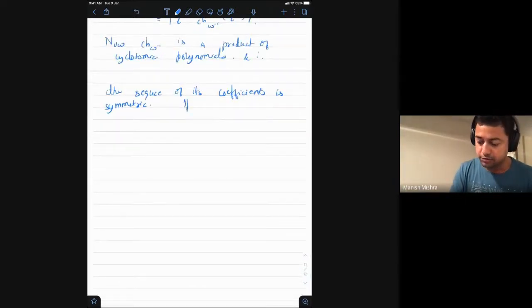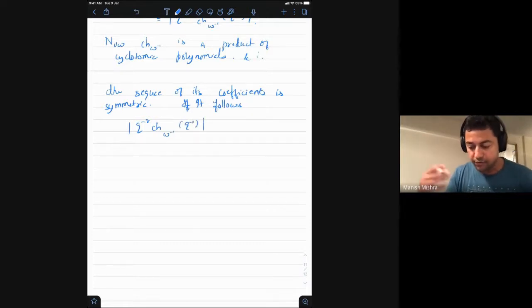From this, it follows that q to the power negative r times this characteristic polynomial evaluated at q inverse is the same as, you can take q to the power negative r inside the polynomial, and so it becomes ch omega inverse at q.